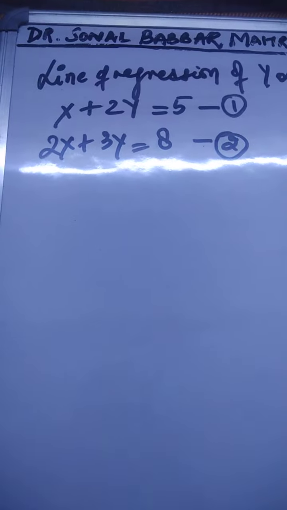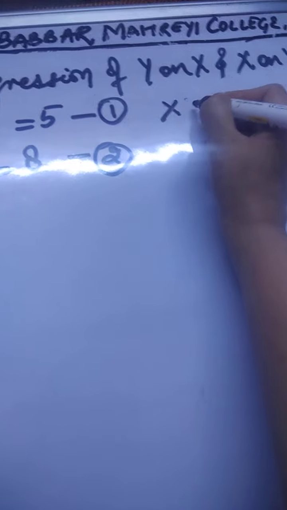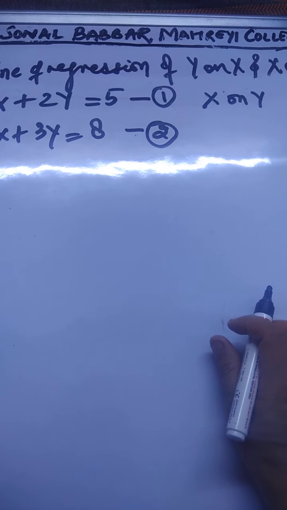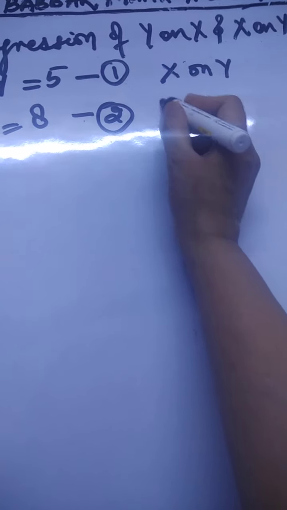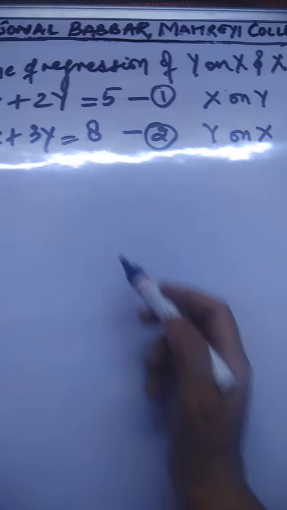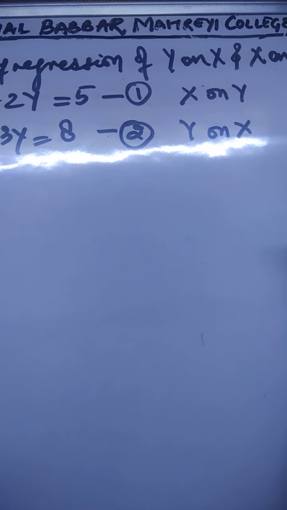So I am assuming that x plus 2y equals 5, the first equation, is x on y. This is my random assumption, arbitrarily taken. Therefore the second equation will be y on x. But it needs verification.